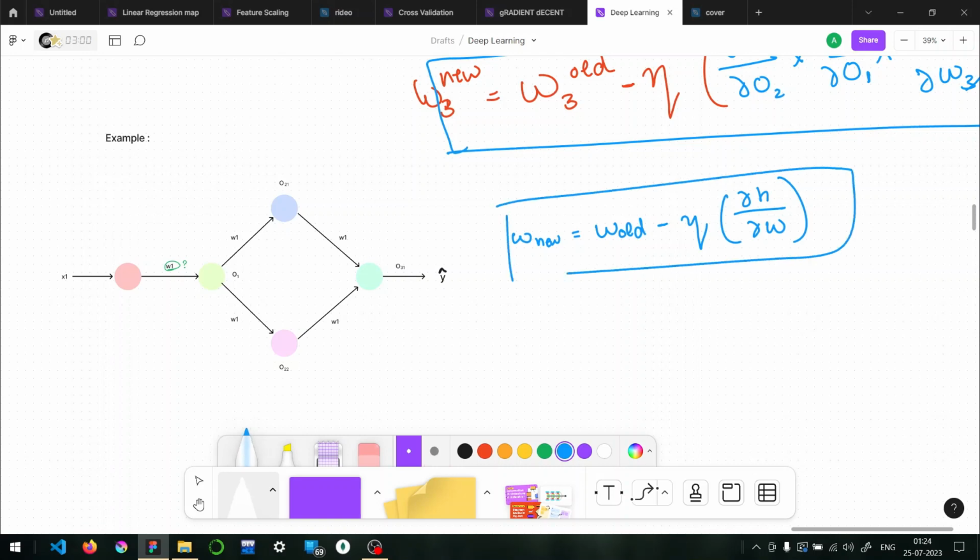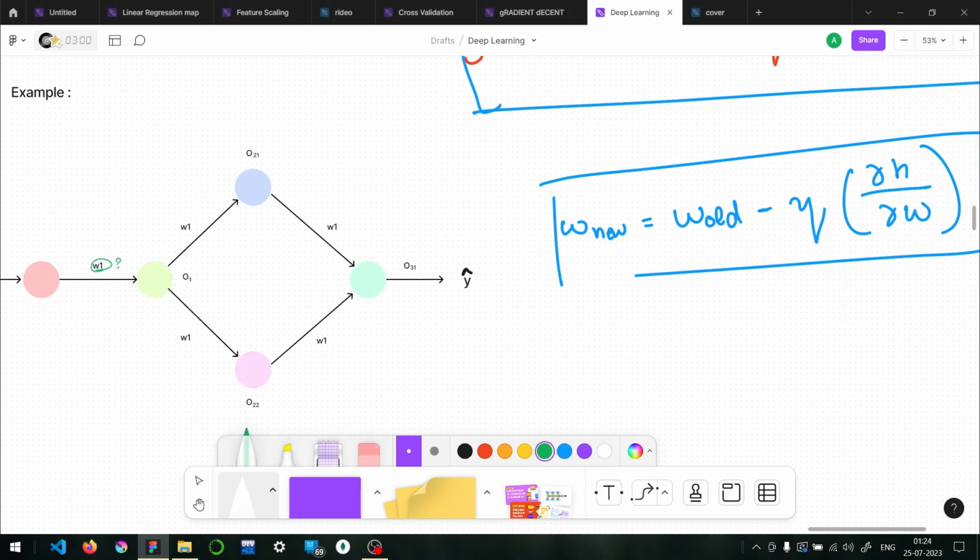Now, let me take the green color. Okay, so W1 new is equal to W1 old minus the learning rate. Then after that, the first thing it depends upon is the output O31.